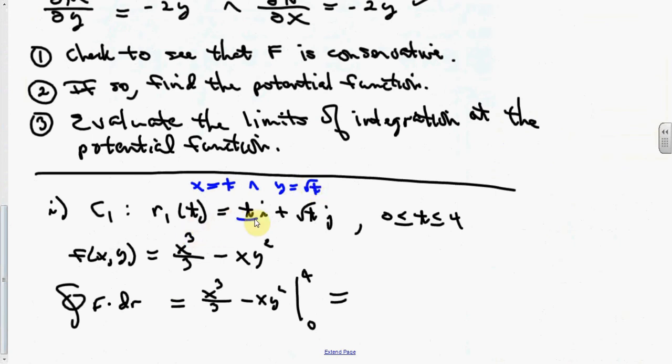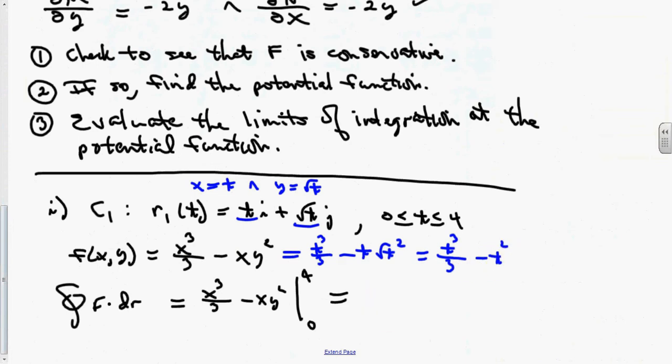See that? This is x times i, this is y times j. So using that, x is t, so that's t to the third over 3 minus t times the square root of t squared. So this is t to the third over 3 minus t squared.